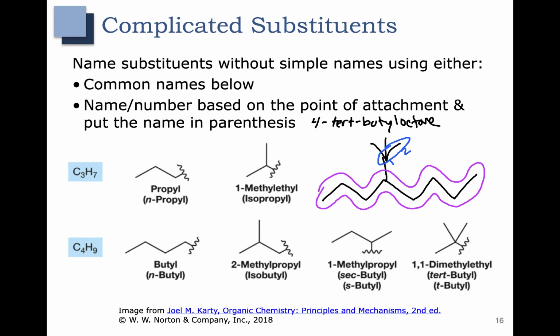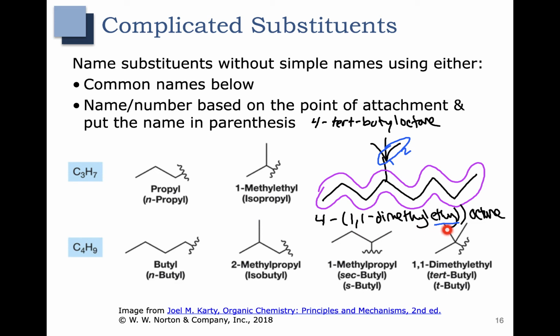So we would call this molecule 4, because this group is at position 4, dash 1,1-dimethylethyl. Put that whole thing in parentheses and add octane on the end. The ethyl here refers to the 2 carbons in the parent chain as numbered from the point of attachment to the parent chain.